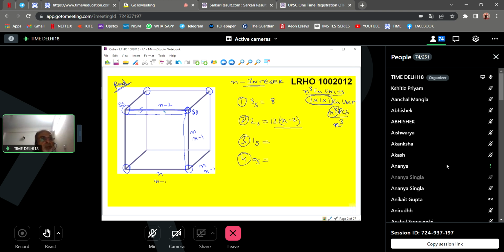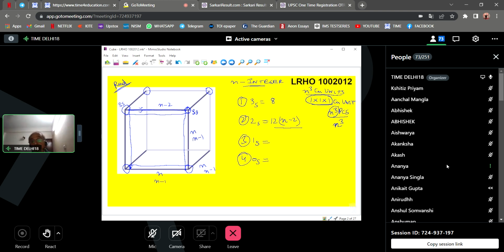Rest of them on this edge are 2 side painted. Where are there no one side painted? Not here. Here is 3 side, this is also 3 side, this is 2 side.